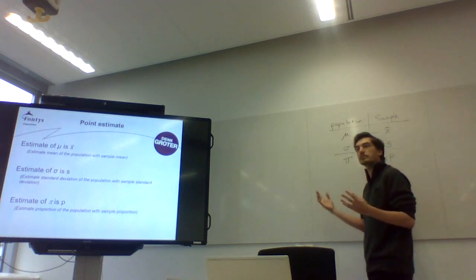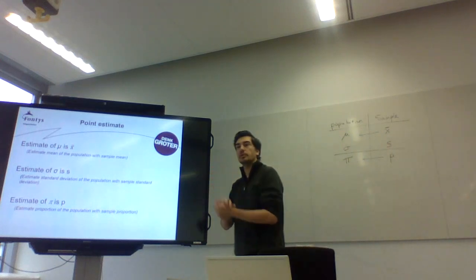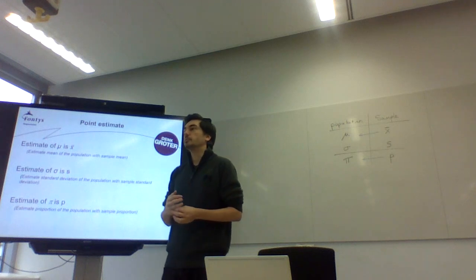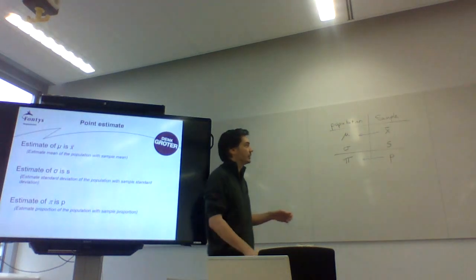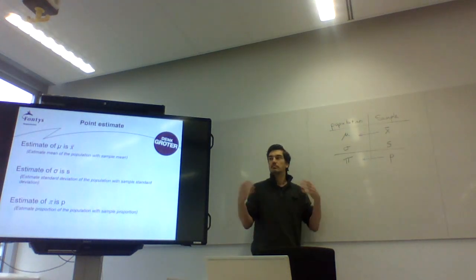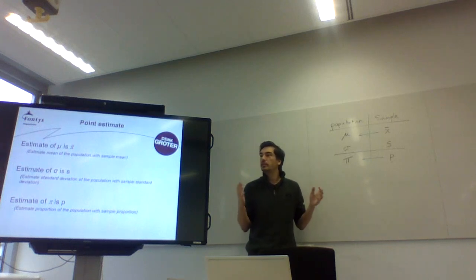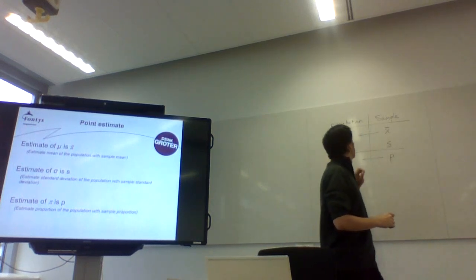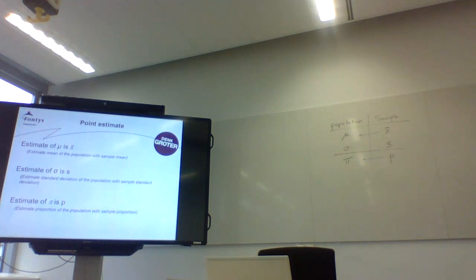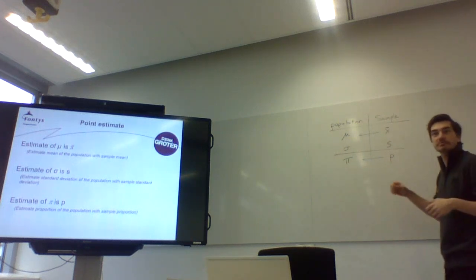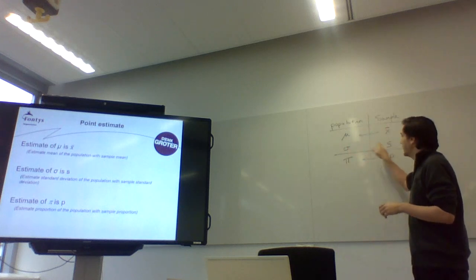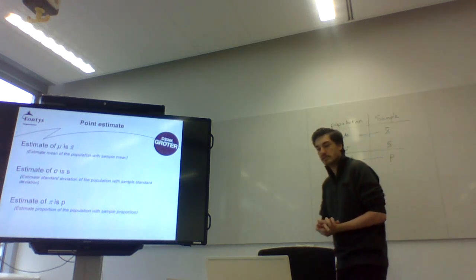So the Greek letters pertain to the population, the regular letters pertain to a sample, and pi is sort of the equivalent of p in the Greek alphabet. Mu and x, not really, but give it a break, it's fine. S and sigma are quite similar again as well.